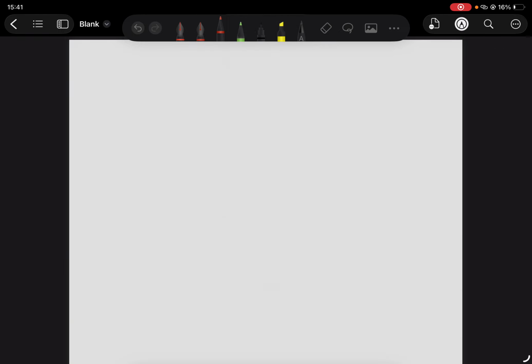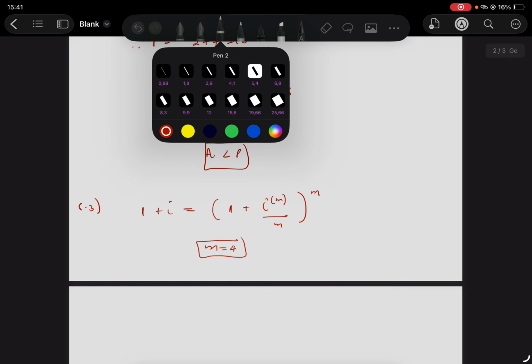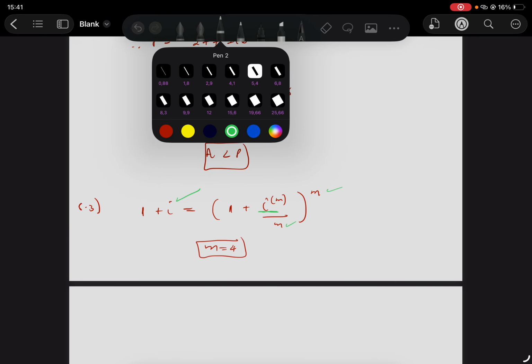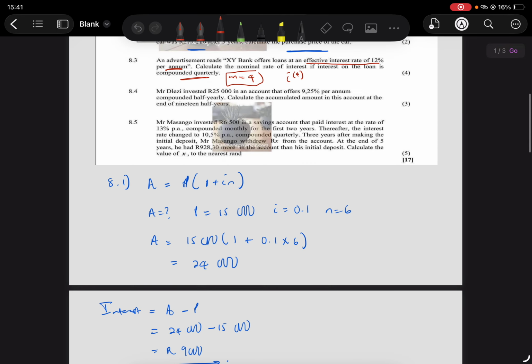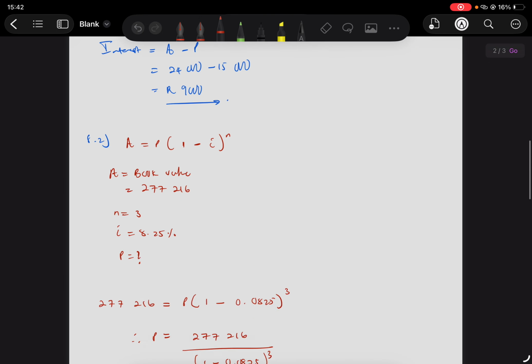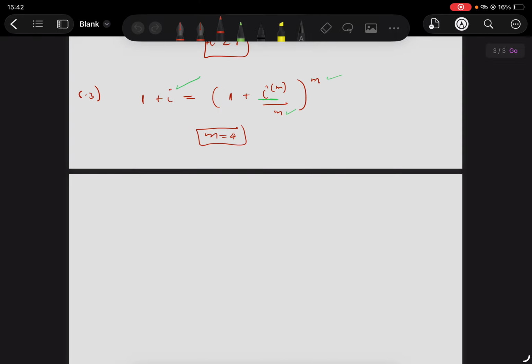So we've been given the effective interest rate, we have been given i. We are looking for i_m, where m is 4. The effective interest rate is given as 12% per annum, so this is 1 plus 0.12 is equal to (1 plus i4 over 4) to the power of 4.